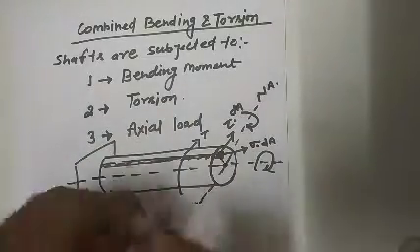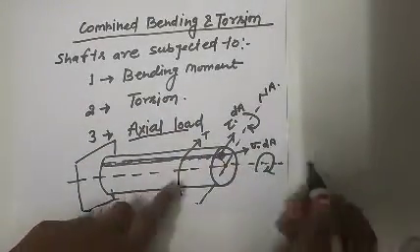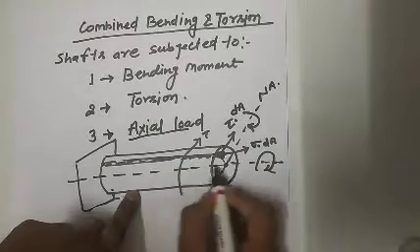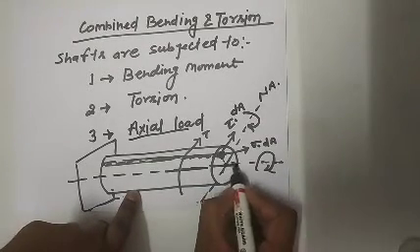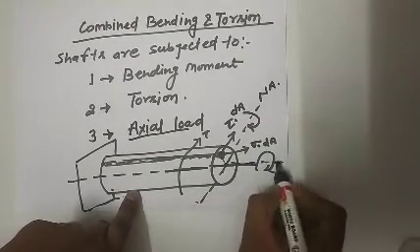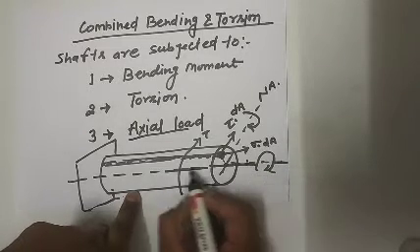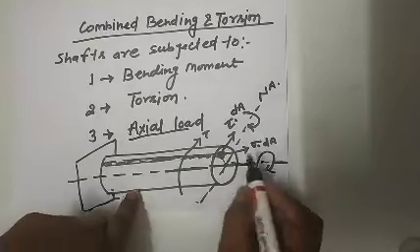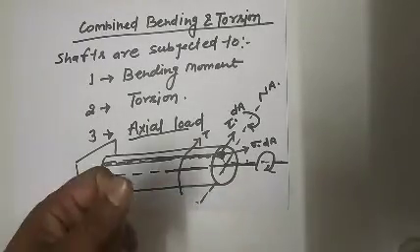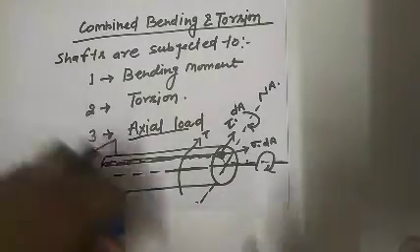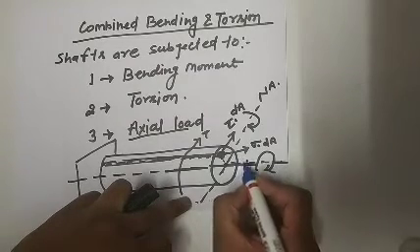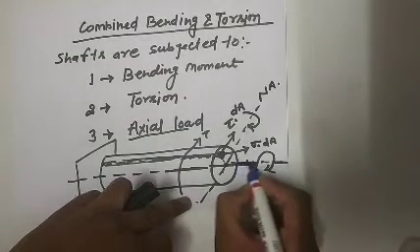Another force is axial load. It acts along the centroidal axis of the shaft. Say this is the centroidal axis, then here will be the force F, along this one.